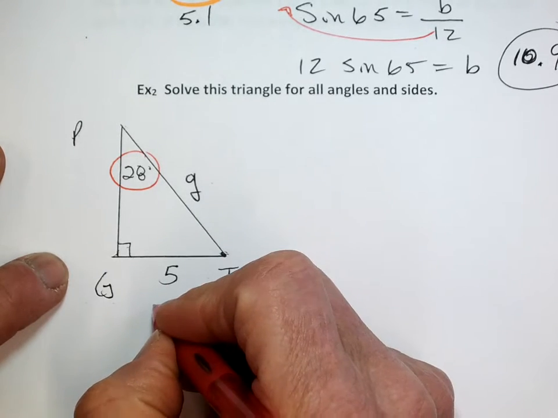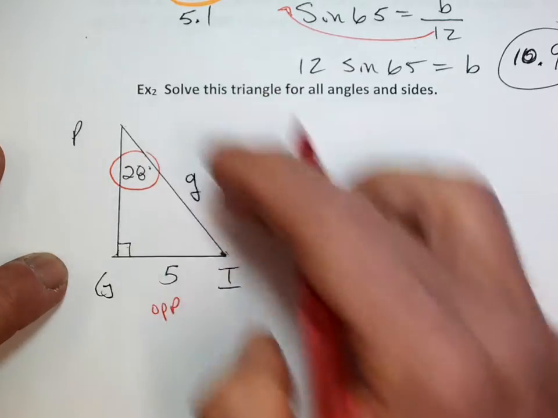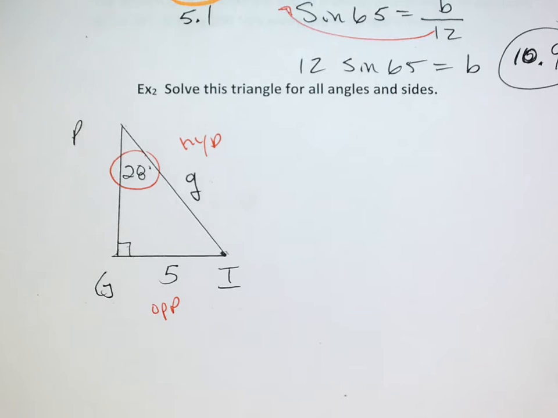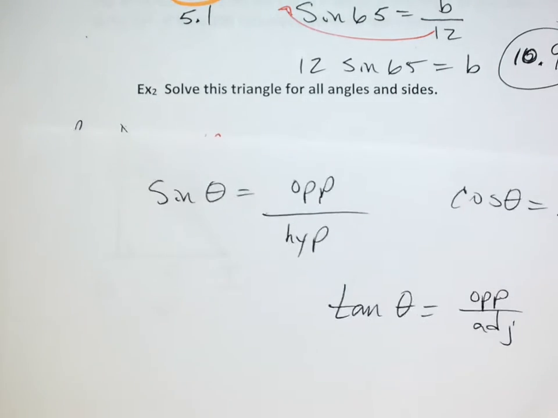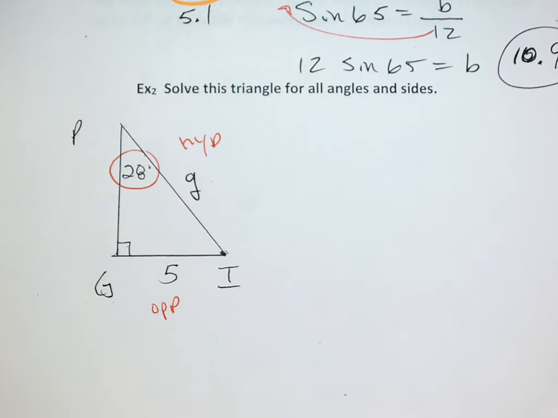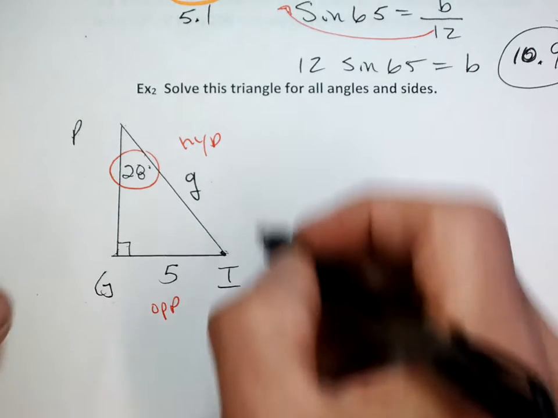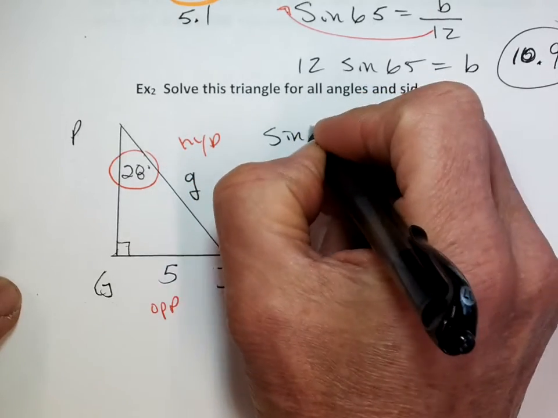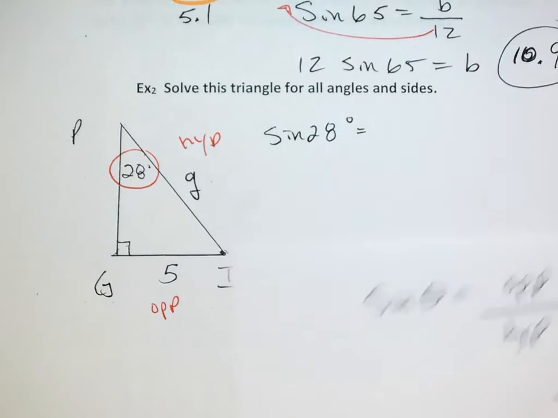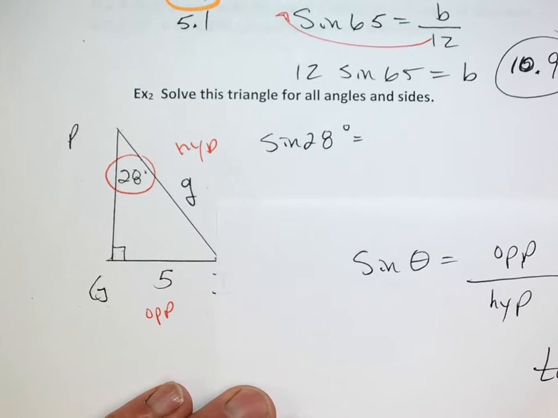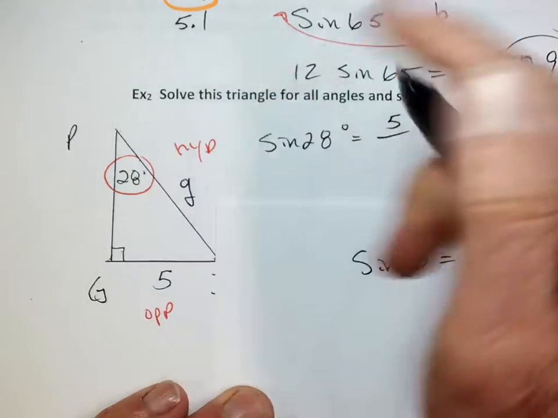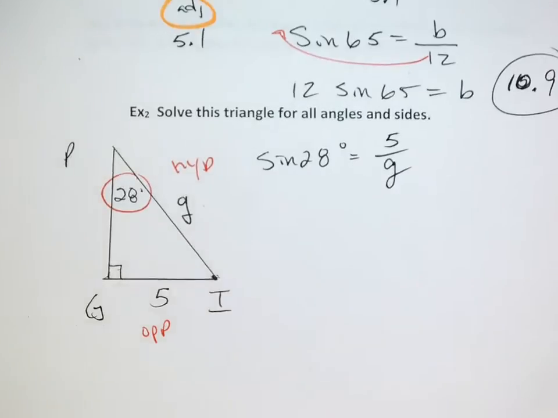This side is my opposite side, and little g is my hypotenuse. Opposite over hypotenuse has got to be sine. So I'll set up sine of theta, sine of 28, is equal to my opposite, which is 5, over my hypotenuse, which is little g.